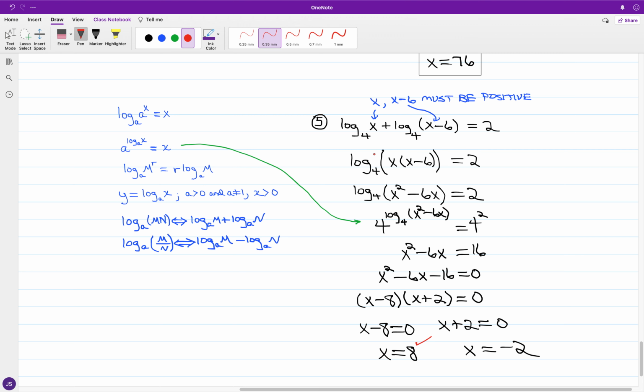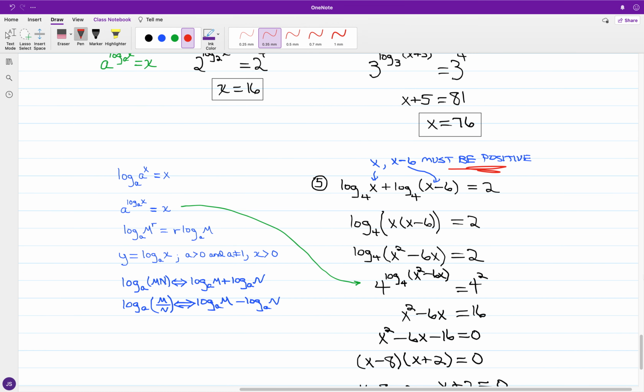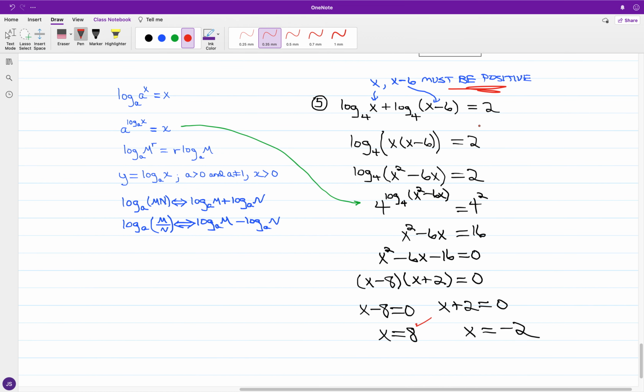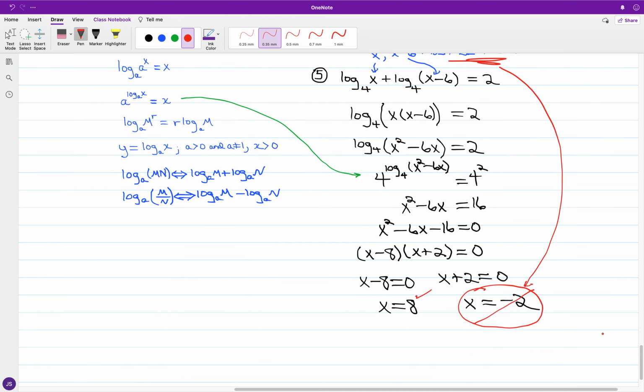But with x at negative 2, that has already struck out. So there were two apparent solutions, but with the restriction that both x and x minus 6 must be positive, negative 2 does not fit the bill, and so there's only one solution for x, and that is 8.